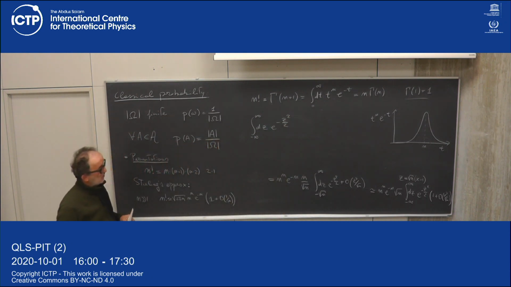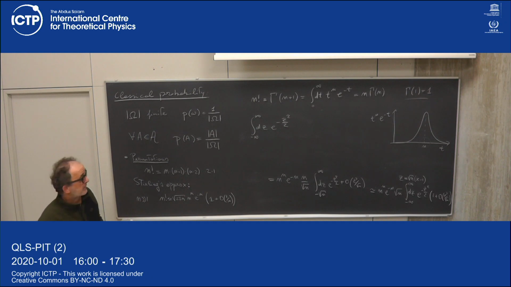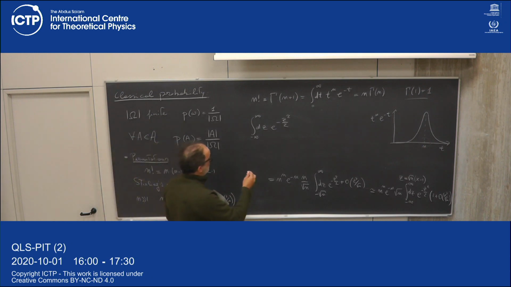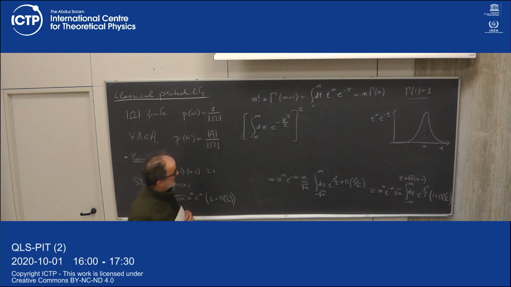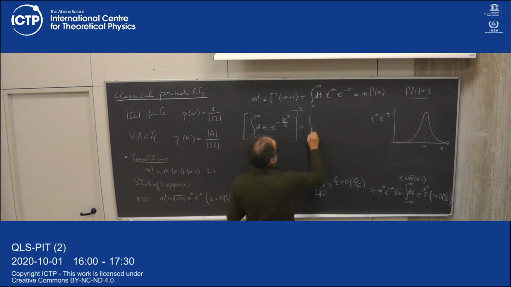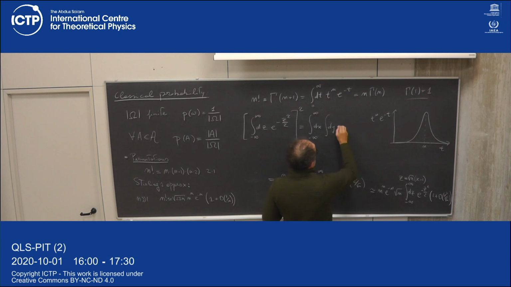So how do you do this integral? Well, it's an integral that you cannot do exactly. So what is easier to do is the integral of the square of this integral, because you can write it as an integral in dx dy on the whole plane of e to the minus (x squared plus y squared) over 2.